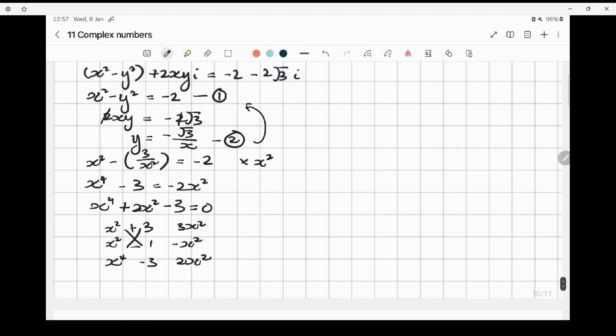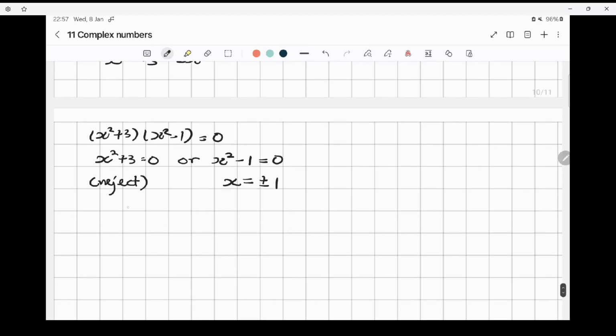So finally, what you have for y will be equal to minus root 3 over x. Therefore, when x is positive, you have minus root 3. When x is negative, you have plus root 3.